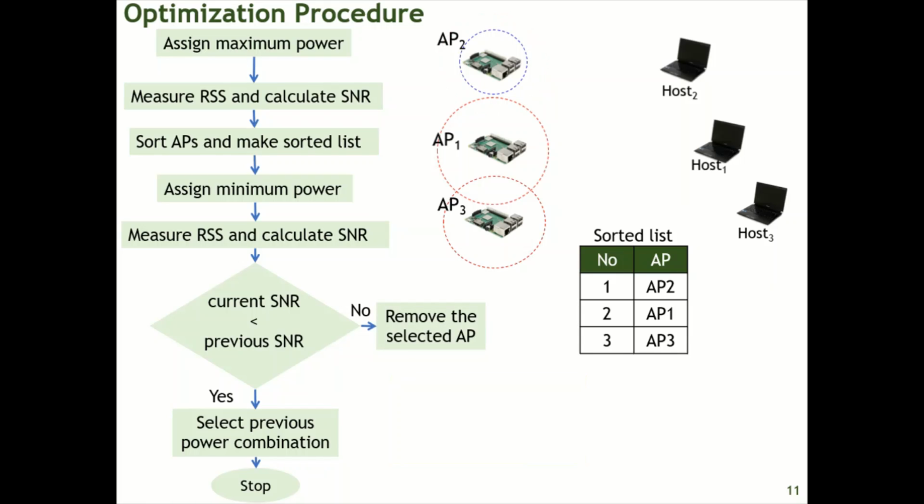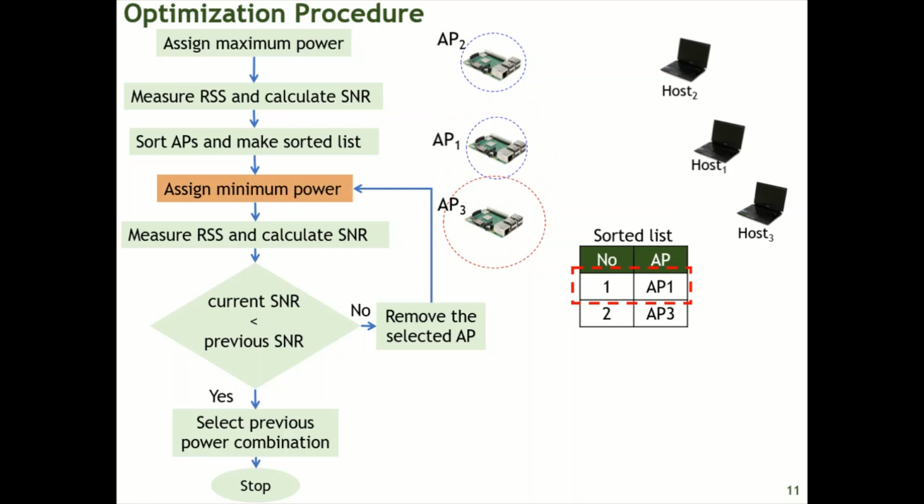Then if the current SNR is bigger than the previous one, we remove the selected AP. It means AP2, and we select the first in the list of APs, which means AP1, and assign minimum power to this AP.